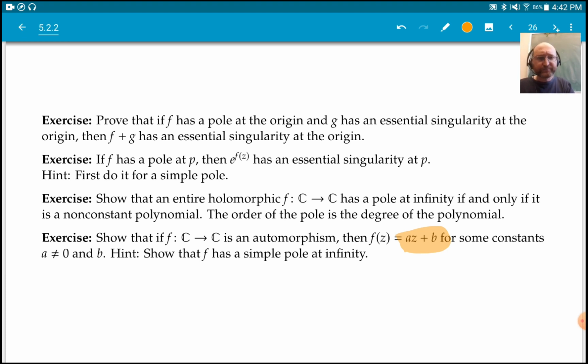So that's it for this lecture. Next time, we're going to look at how essential singularities are wild, or how the functions near their essential singularities are wild. We're going to prove a baby version of Picard's theorem, the so-called Casorati-Weierstrass theorem.